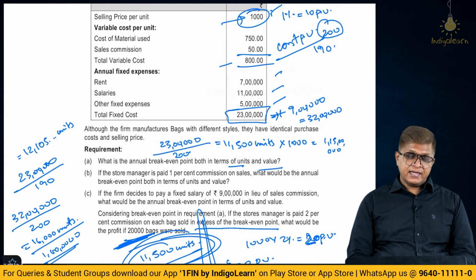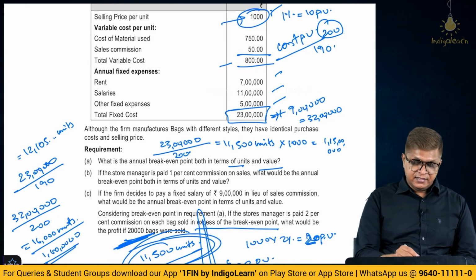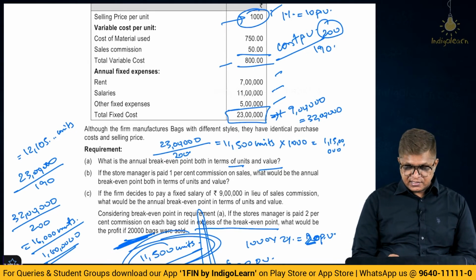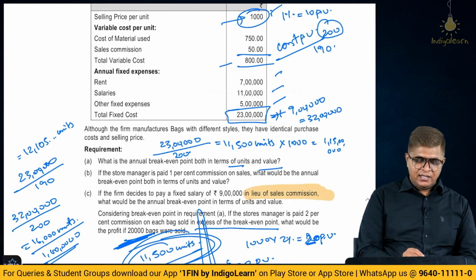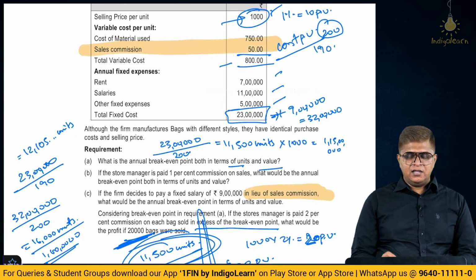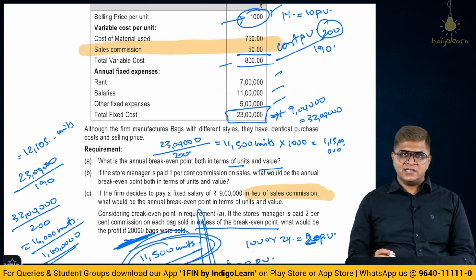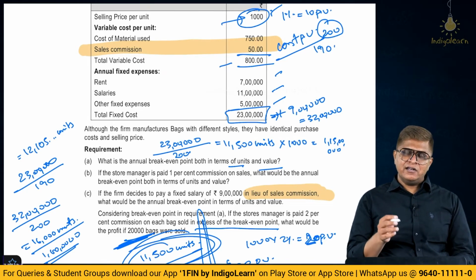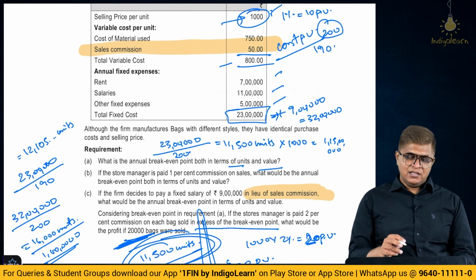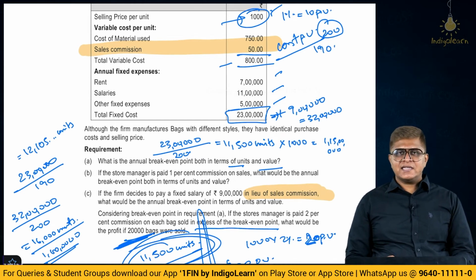They are saying if the firm decides to pay a fixed salary of 9 lakh in lieu of the sales commission, instead of the sales commission of 50 rupees per unit and whatever extra we were paying, that 1%, 2%, etc., in lieu of all of that, they want to give fixed 9 lakh.